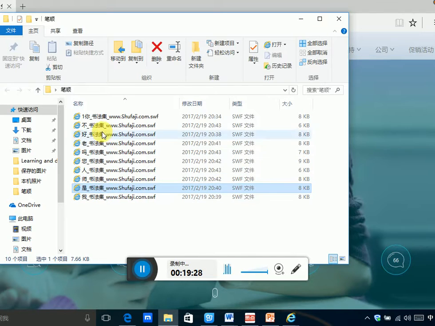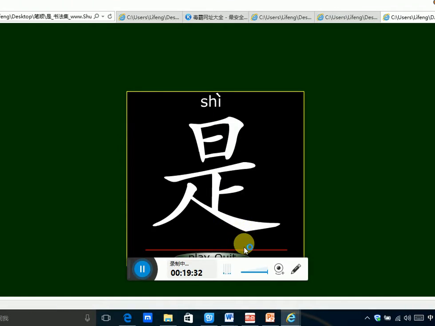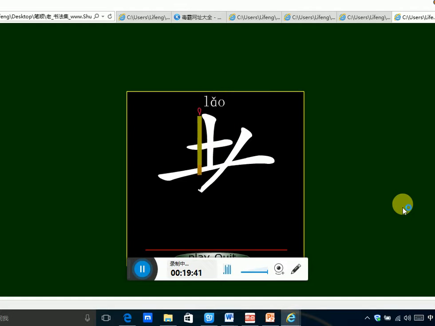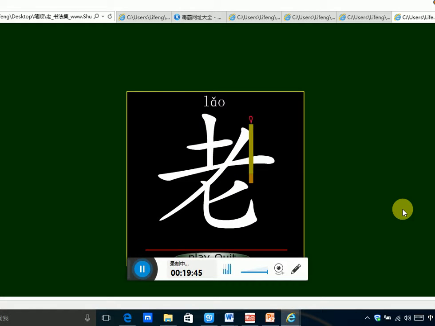Firstly, we're going to see how to write the word 老. If the word 老 appears independently as an adjective, it means old.